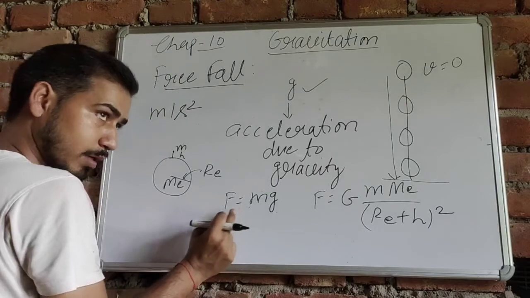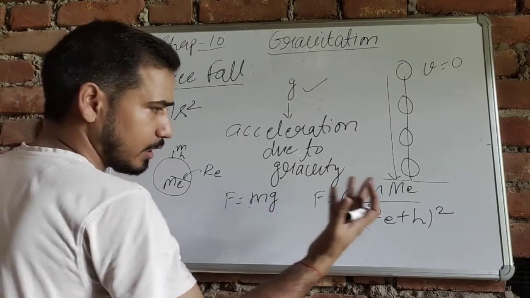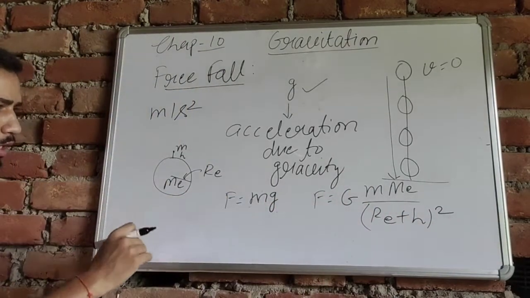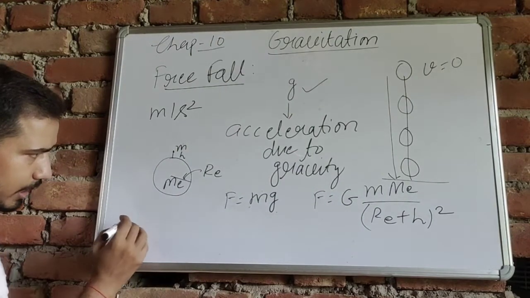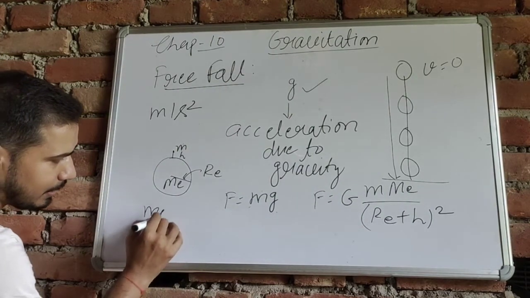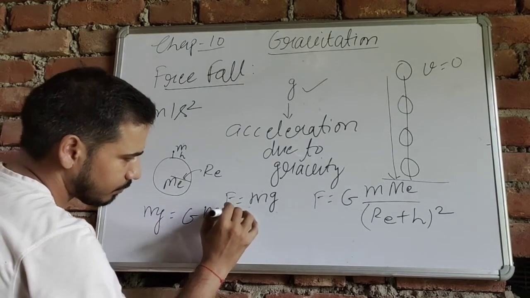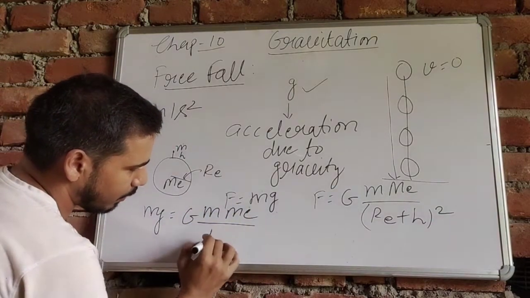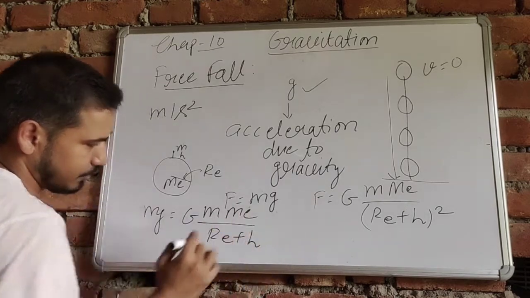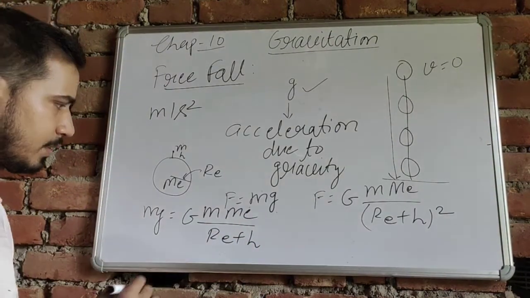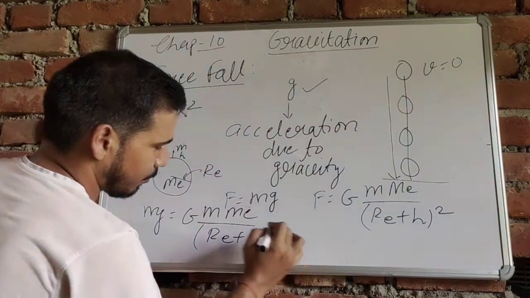These two forces must be the same, because they act in the same way on the same body in the same situation. That's why we can write m g equals G m Me upon (Re + h) whole square.